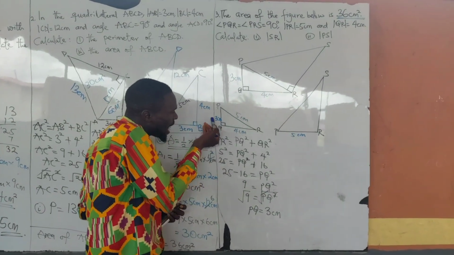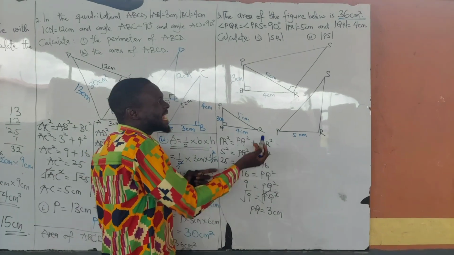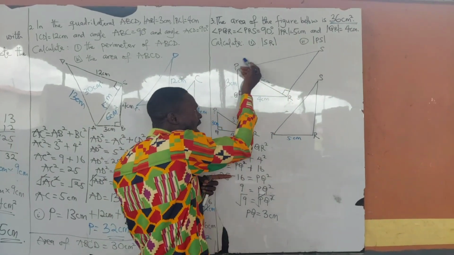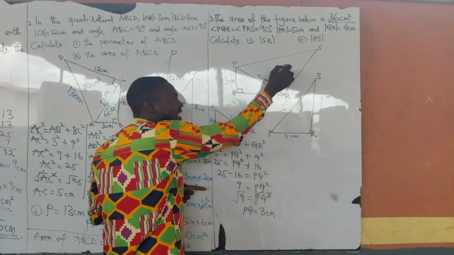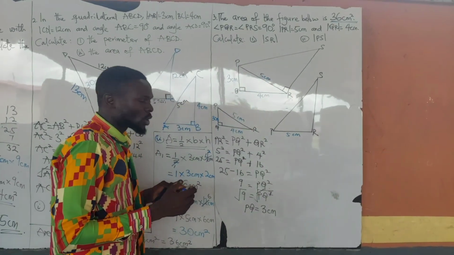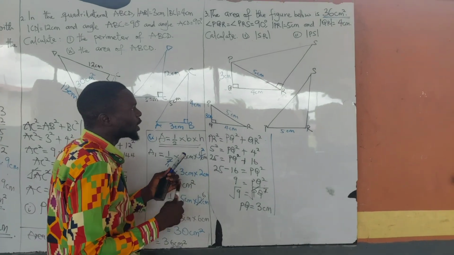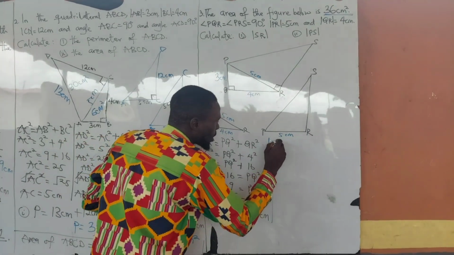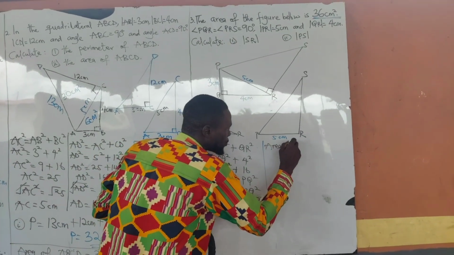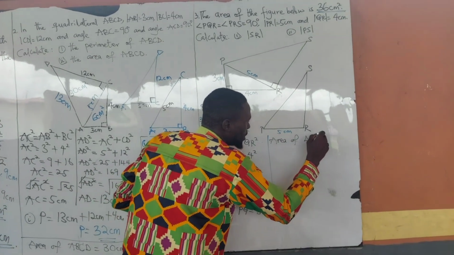Because if I know the area of this triangle and I subtract it from the area of the whole figure, this will give me this one. So let's calculate the area of triangle PQR.